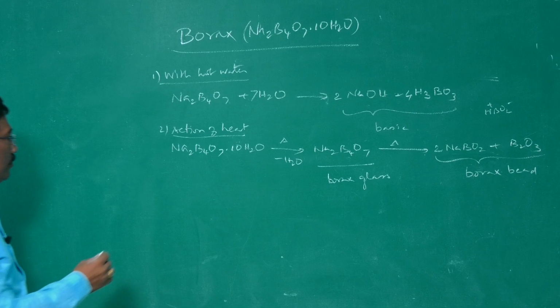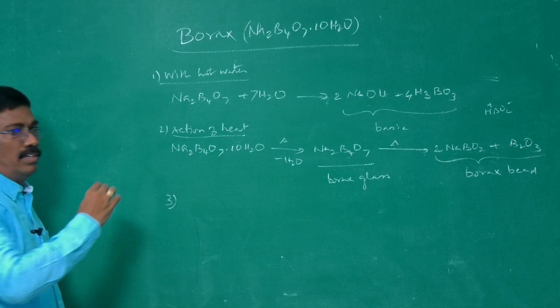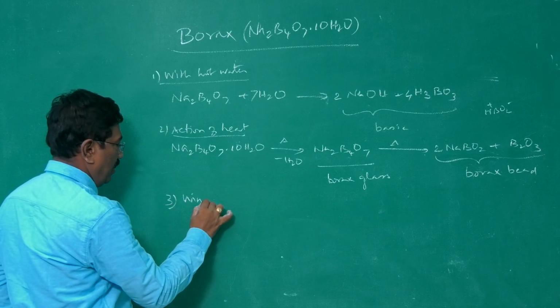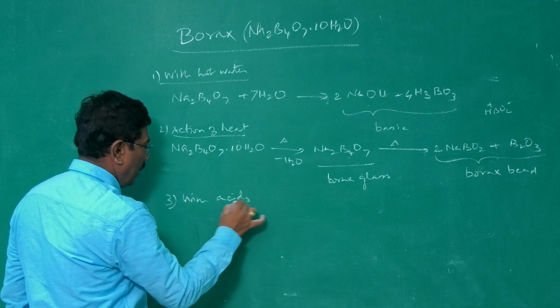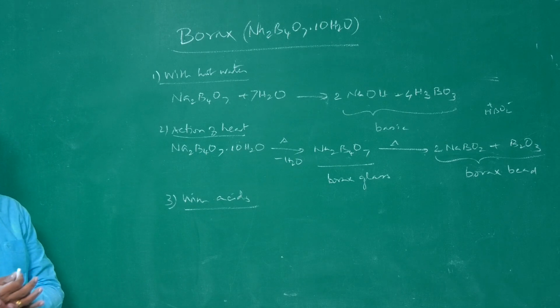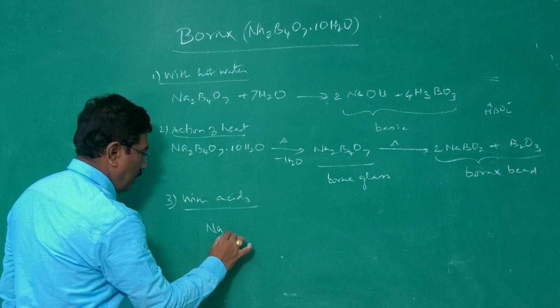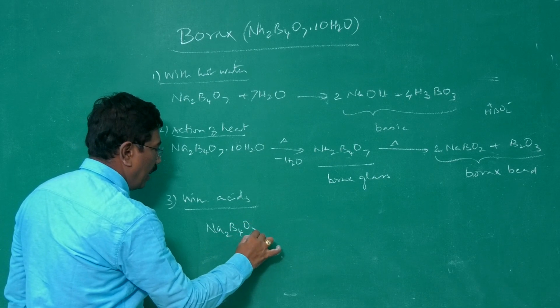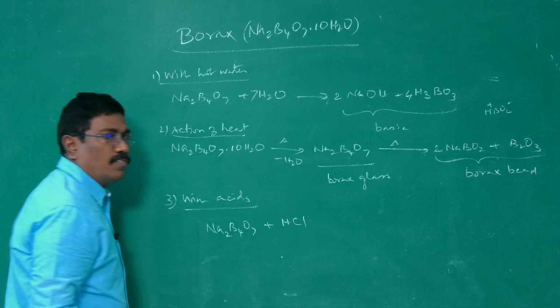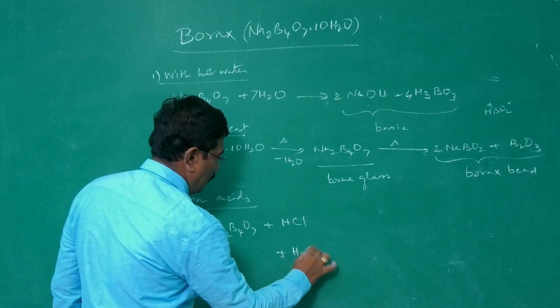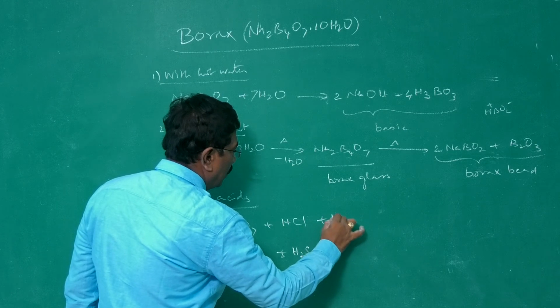All right. Then third one, reaction with acids like hydrochloric acid or sulfuric acid. They form salt. When borax is made to react with hydrochloric acid as well as sulfuric acid, of course, aqueous solution is involved in the reaction.